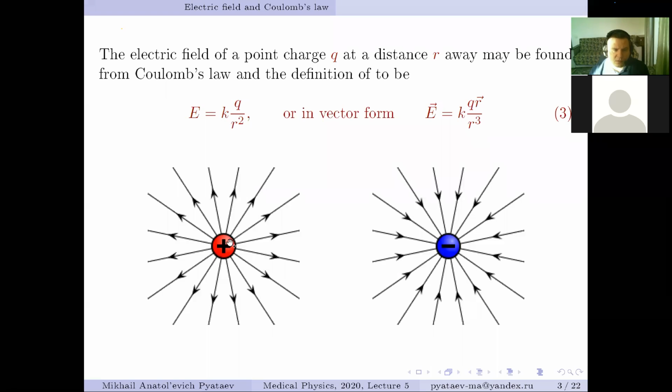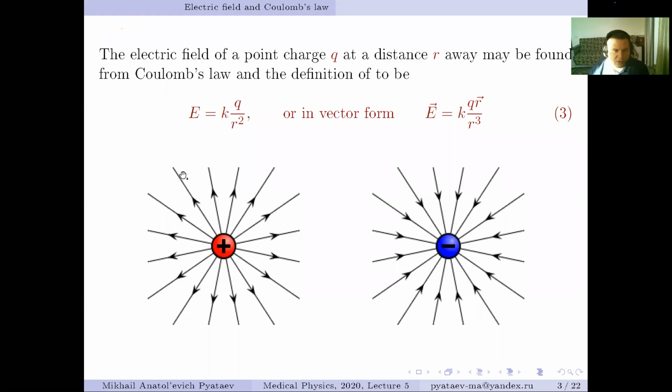The electric field can be represented by lines of electric field, which are characterized by the direction of the tangential line, and this tangential line coincides with the direction of the electric field at every point.